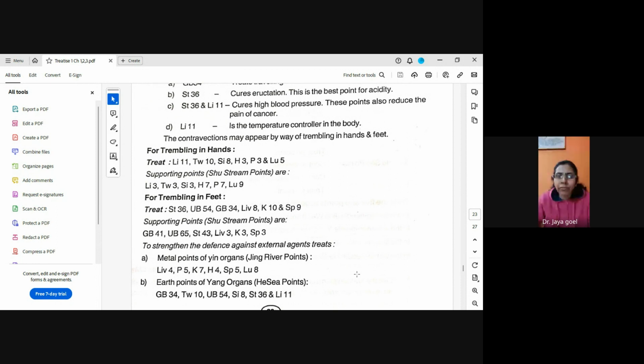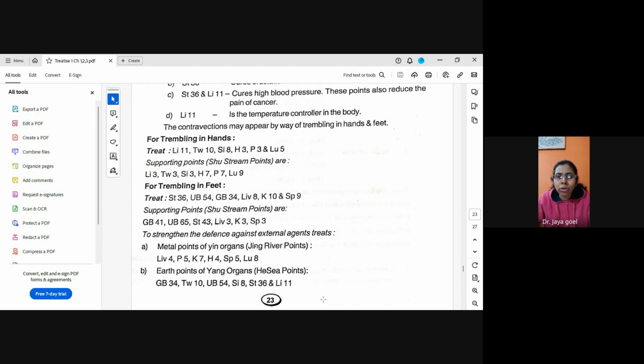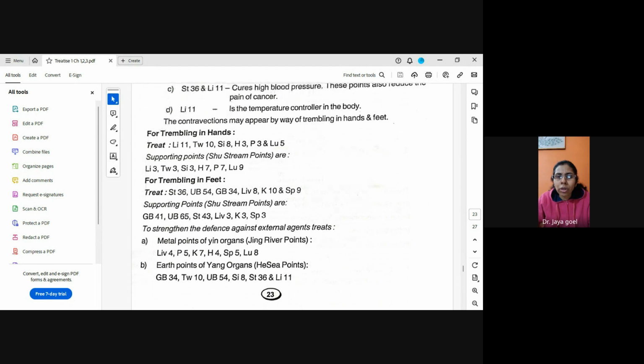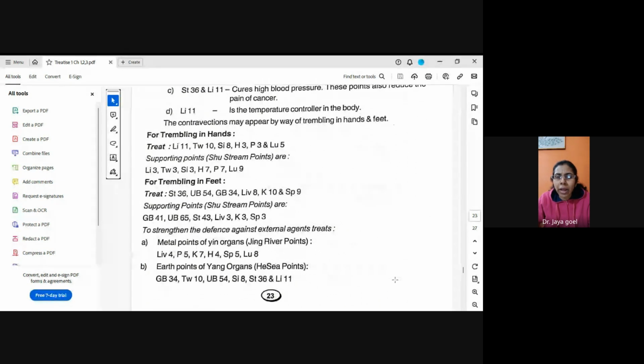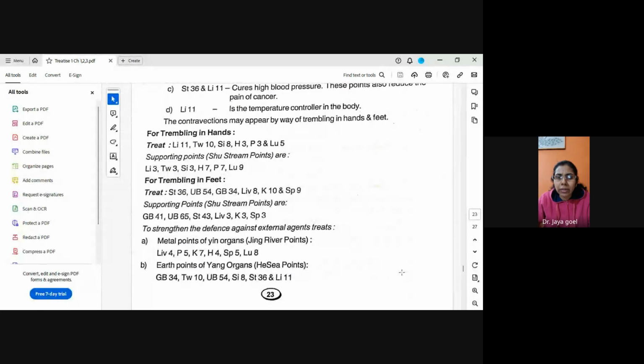For trembling feet: ST36, UB54, GB34, Liver 8, K10, and SP9.